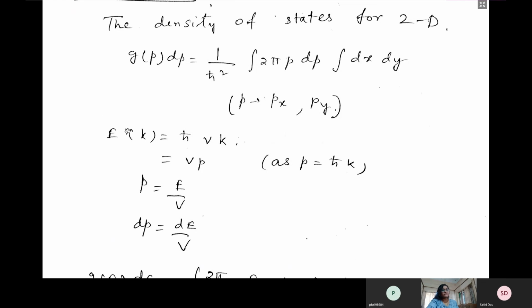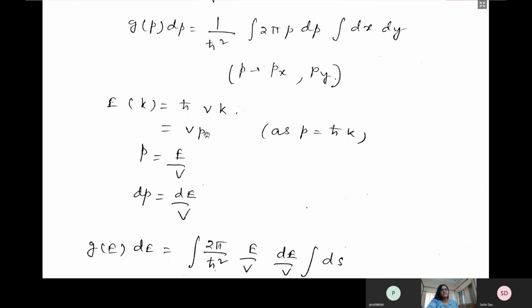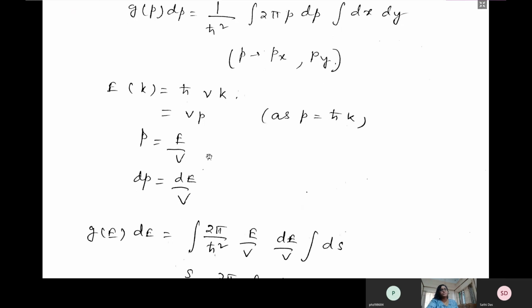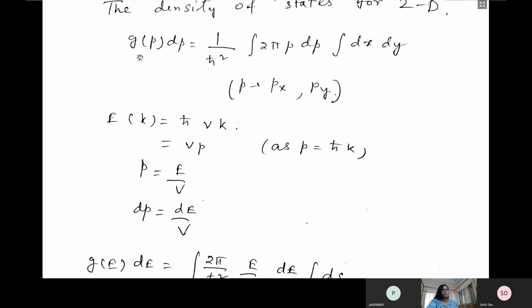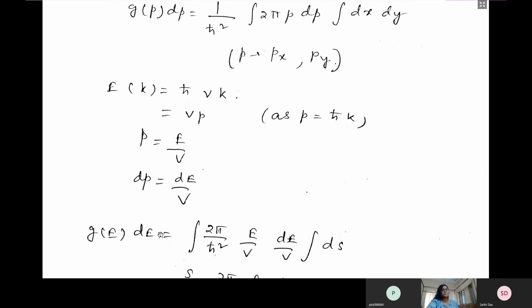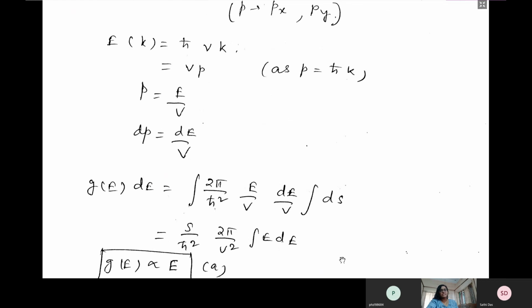Okay, so here the given relationship as E(k) equals h cross V k, or it can be written as V into p, because p is h cross k. So p equals E by V. Okay, so dp equals dE by V. So g(E)dE, earlier it was g(p)dp, becomes g(E)dE equals 2 pi by h cross square into, in here p you write E by V, dp you write dE by V, integration over dx into dy you write it as dS.